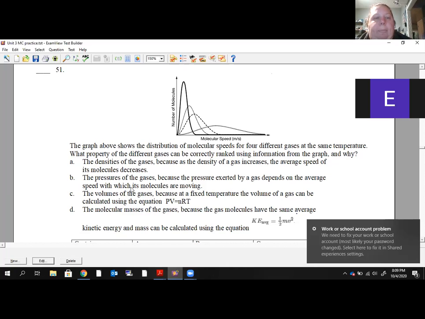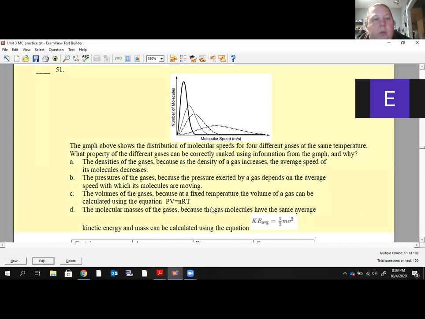So it cannot be B because the pressure does not depend on the average speed of the molecules. There's much more to pressure than just that. But that can affect it, right?